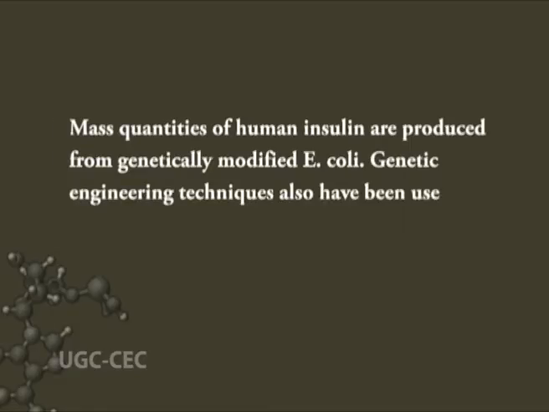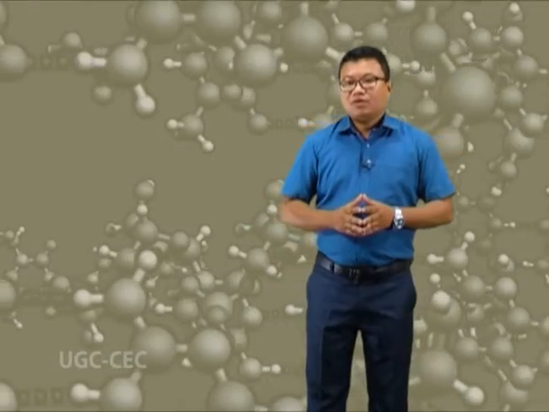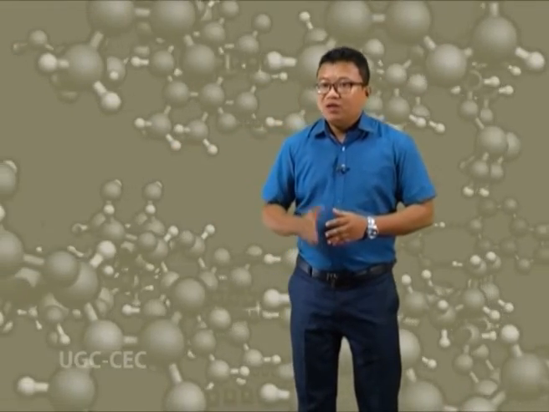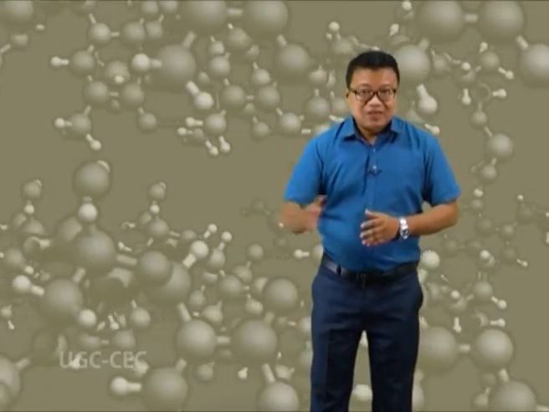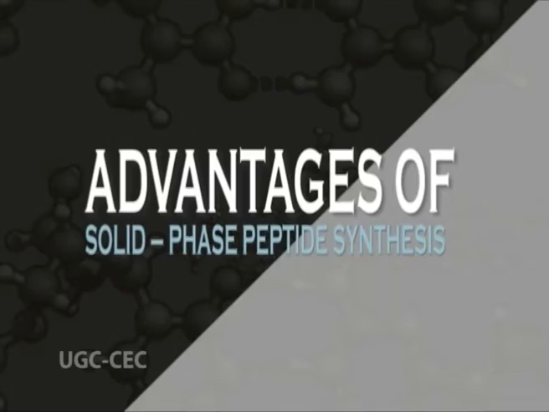Genetic engineering techniques also have been useful in synthesizing proteins that differ in one or a few amino acids from the natural protein. Such synthetic proteins have been used, for example, to determine how a single amino acid change can affect the properties of a protein.